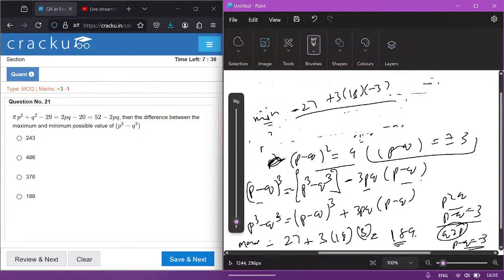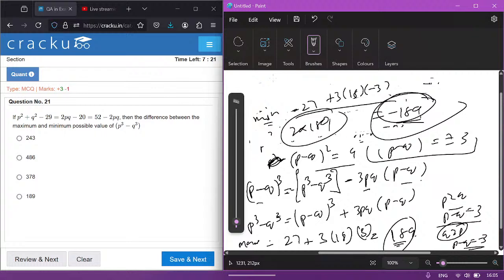I'm just calculating it again using a calculator. So this is minus 27, and 3 into 18 into 3 is again this, so this is minus 189. What is the difference between minus 189 and 189? It is 2 times 189. 2 times 190 is 380, so this should be 378.